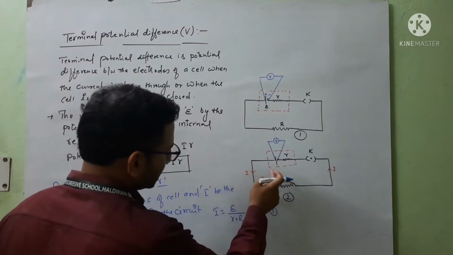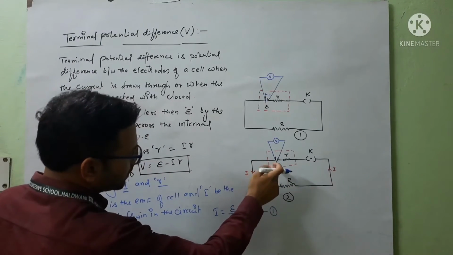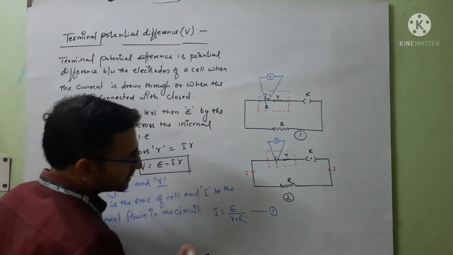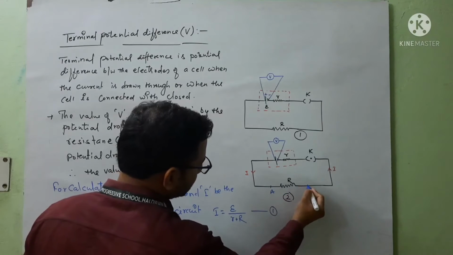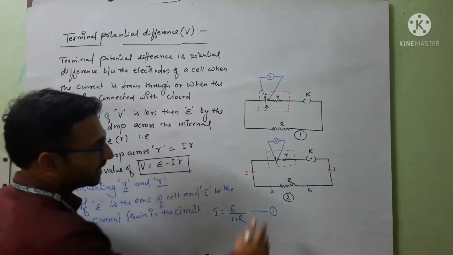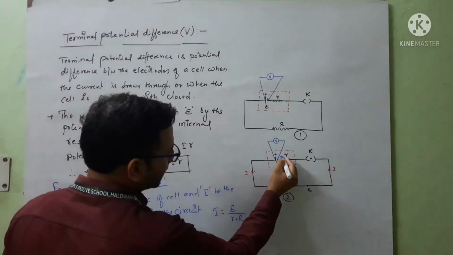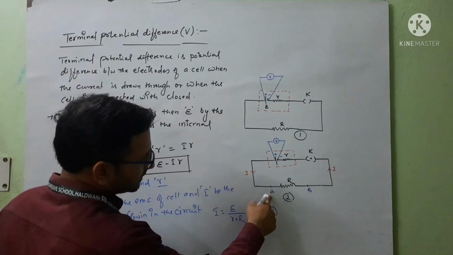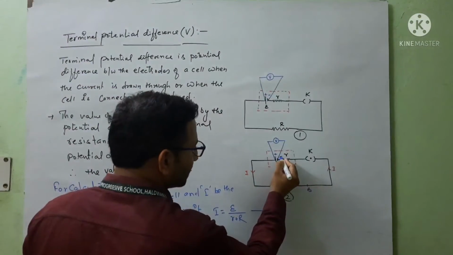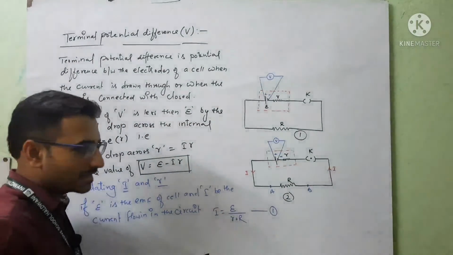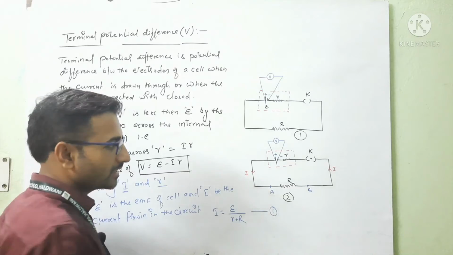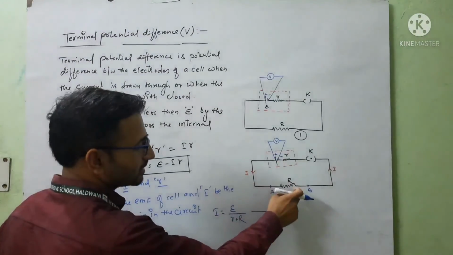Suppose this one is A and this one is B. The electric potential at the positive terminal of a cell is the same as the potential at point A, and the potential at the negative terminal is the same as at point B.